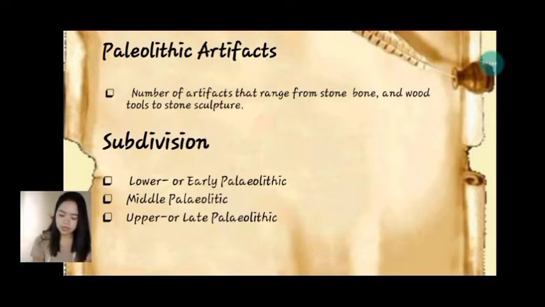So dito sa lower or early Paleolithic, the earliest known tools are around 2.6 million years ago. It is only simple coarse flakes, pieces, and later large bifaces up to roughly 250,000 years ago.